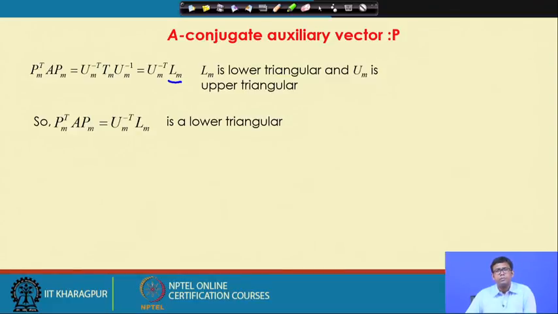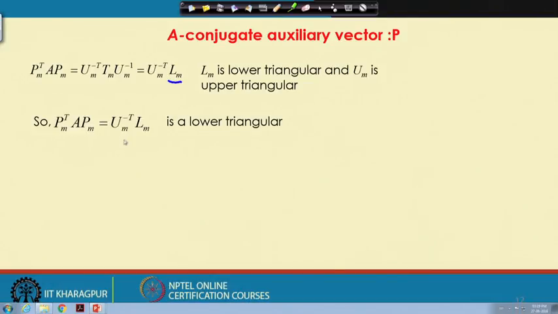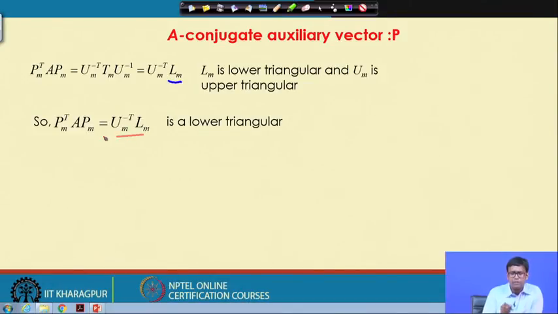Lm is a lower triangular matrix, Um is an upper triangular matrix. So Um's transpose inverse multiplied by Lm also gives us a lower triangular matrix. So Pm transpose A Pm is a lower triangular matrix.